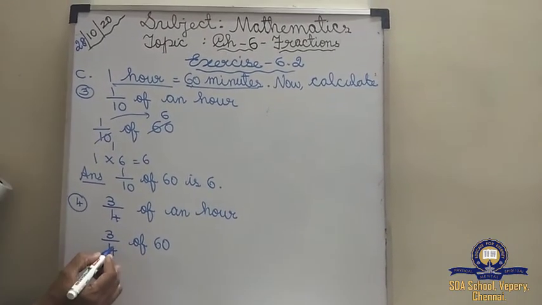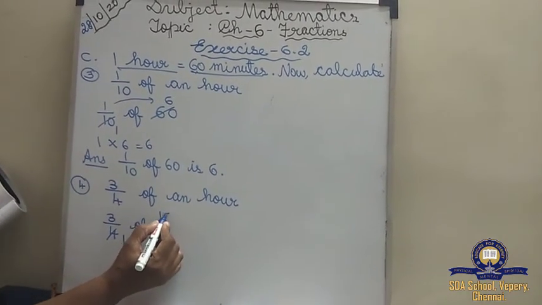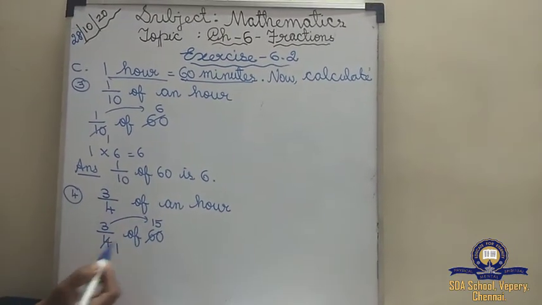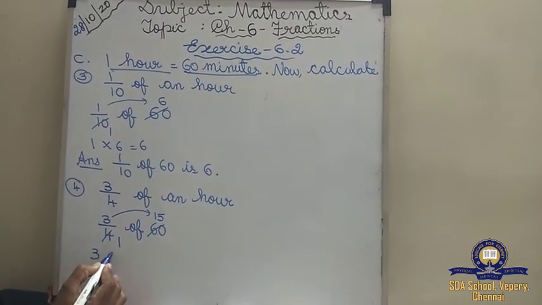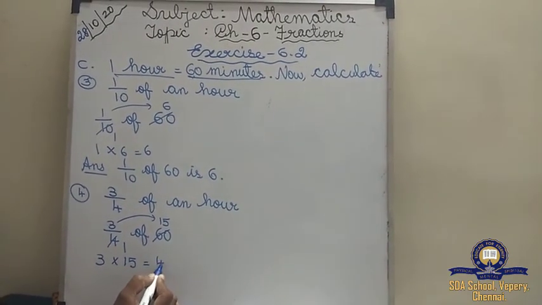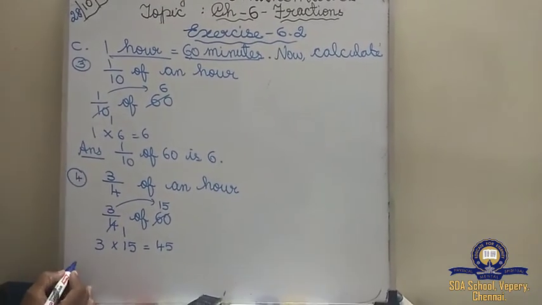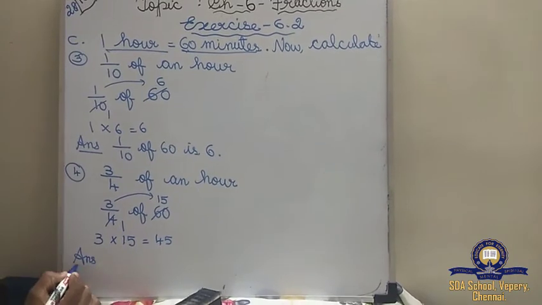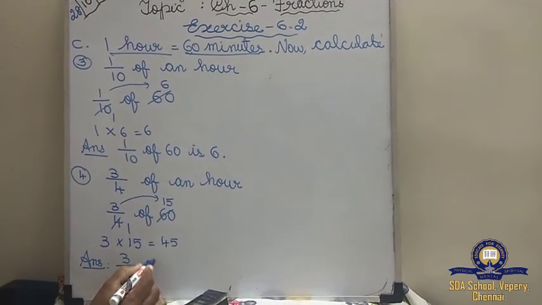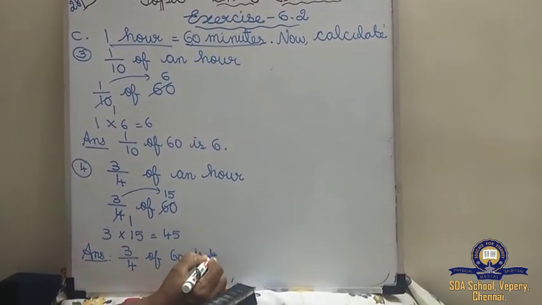So what will come? 15 4s are 60. So these two, what do you have to do? Multiply. 3 into 15 is equal to, what will come? 45. 3 15s are 45. So what's the answer? 3 by 4 of 60 is 45.